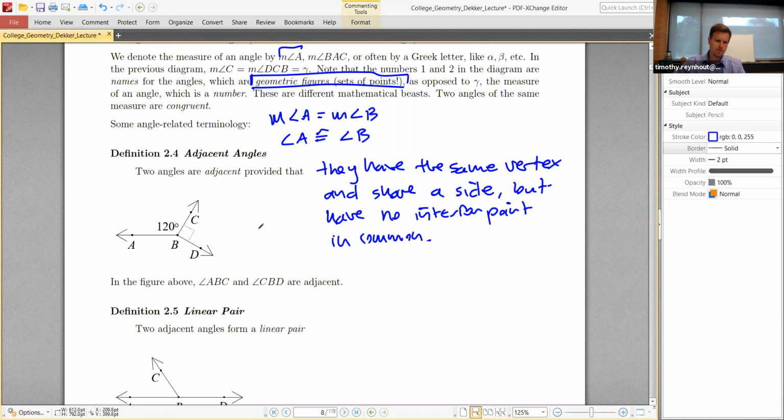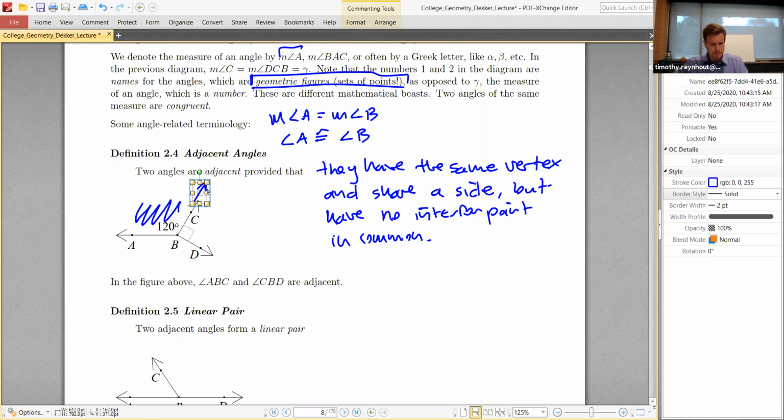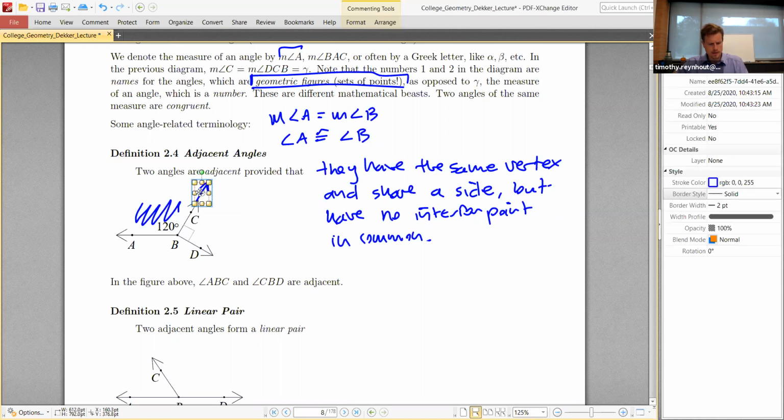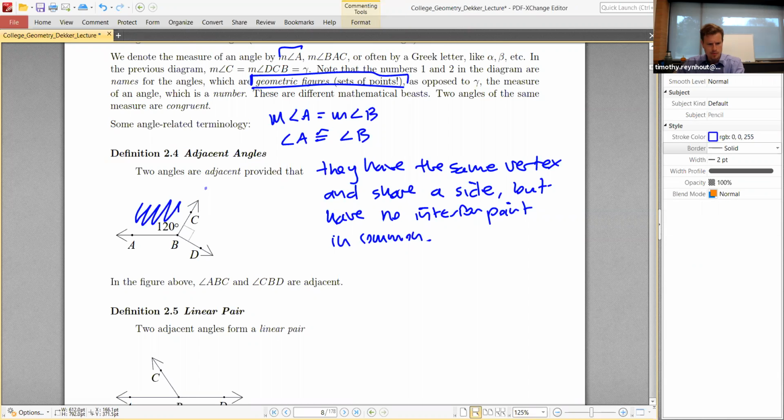So what is an interior point? Well, if I wanted to talk about angle ABC here, the interior points would be all of these points here. So when we say that they have no interior points in common, that simply means that if I want to say two angles are adjacent, I'm not referring to the same angle twice.